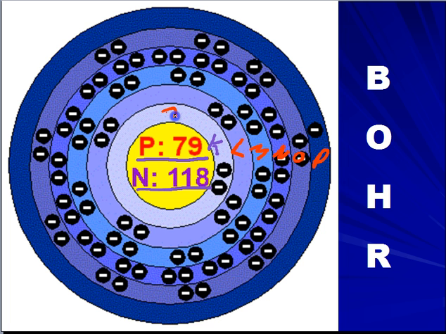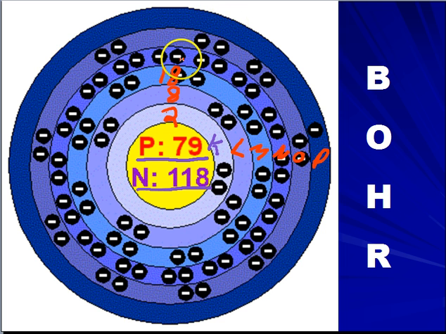The K can only hold up to 2. How many are in there? 2. The L can hold up to 8. Now, the M shell for the first 18 elements can only hold 8, but it can actually hold up to 18. So if we take a look at it, 2, 4, 6, 8, 10, 12, 14, 16, it has 18.